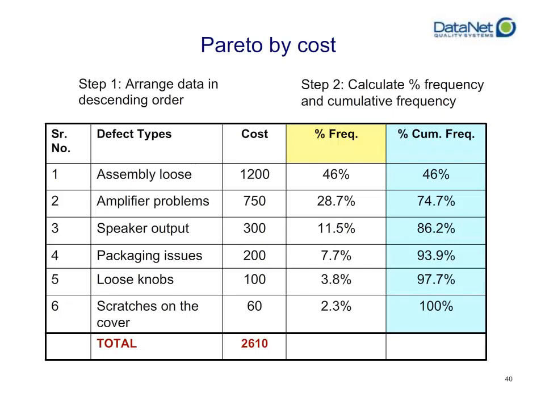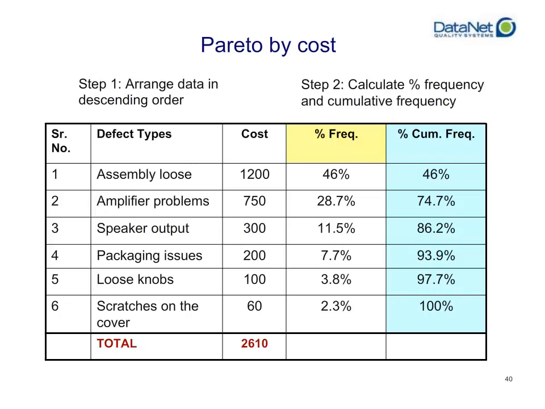Next would be the speaker output, 300 out of 2,610 for 11.5%, 200 for packaging issues divided by 2,610 for 7.7%. Loose knobs would be 100 out of 2,610 for 3.8%. And finally, $60 divided by $2,610 to give you 2.3%.